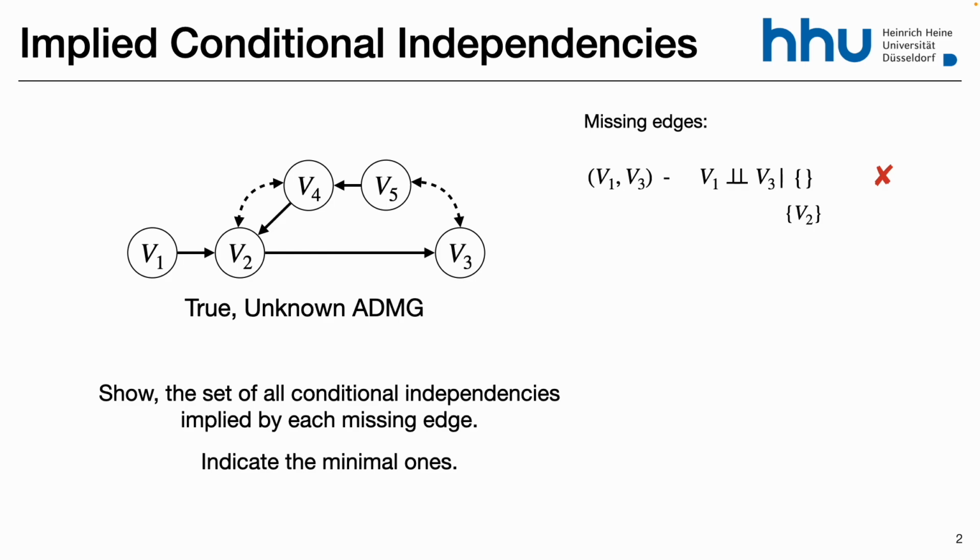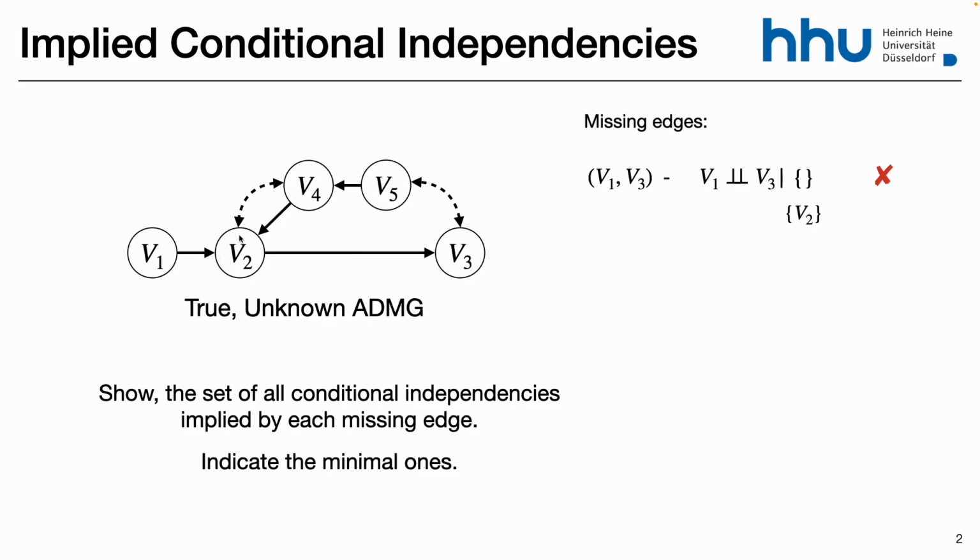Yes, so there are three paths between V1 and V3. Can you see it? The first one goes through the bidirected edge, then the edge here, and another bidirected edge. The other one goes through this directed edge and the same thing. And the other is this directed path. So after conditioning on V2, we block this path. But what happens with the other two?